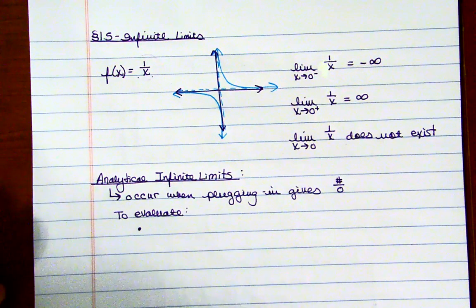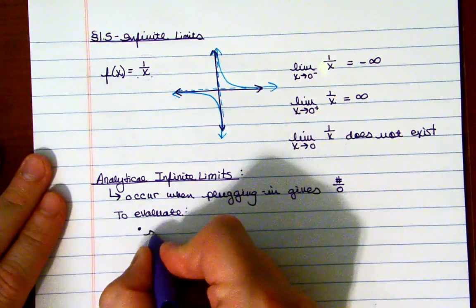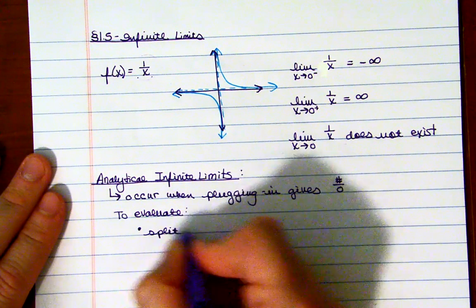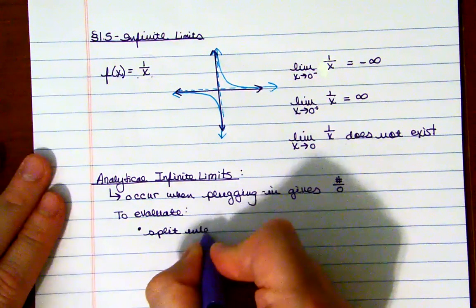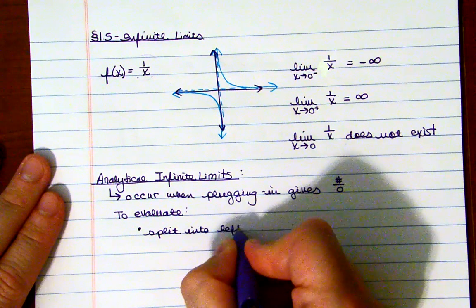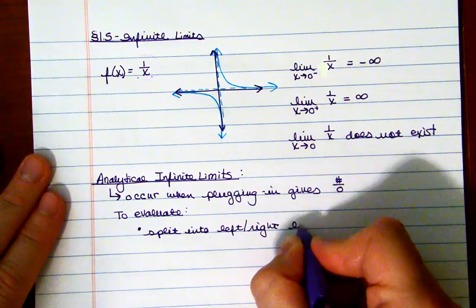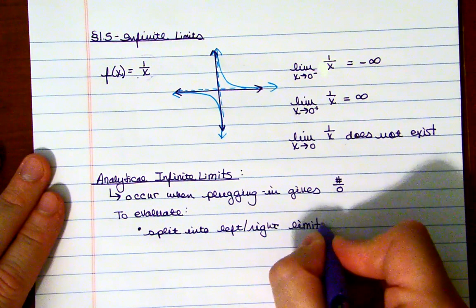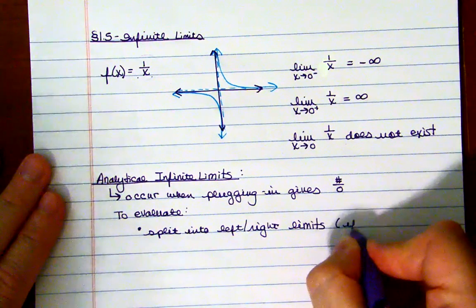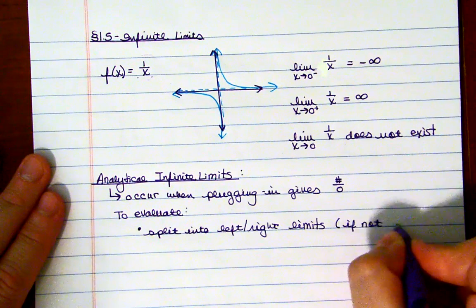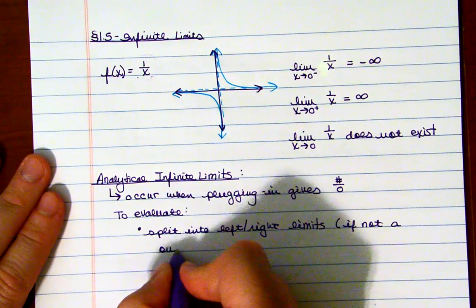I need to split this into a left-hand limit and a right-hand limit. First thing we're going to do is split into left and right limits. Again, of course, I'm only going to do this if it's not a one-sided limit already.